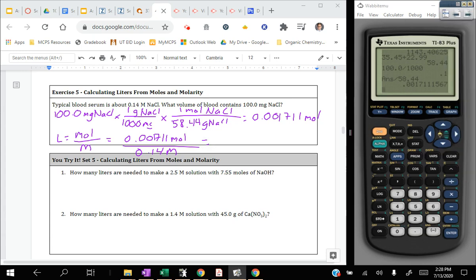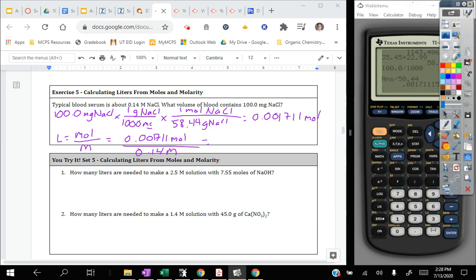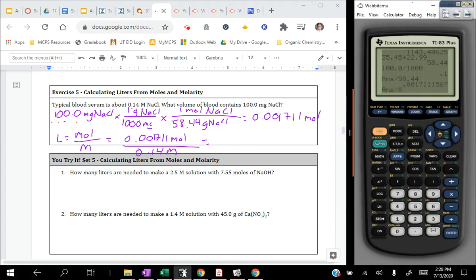Now, notice our sig figs. We had 4 significant figures to start with in my 100.0 milligrams, but we only have 2 significant figures for your molarity of 0.14. So we will need to round our final answer. So let's divide this by 0.14.